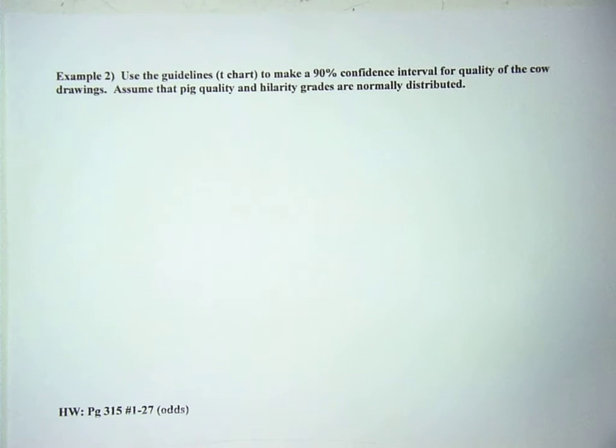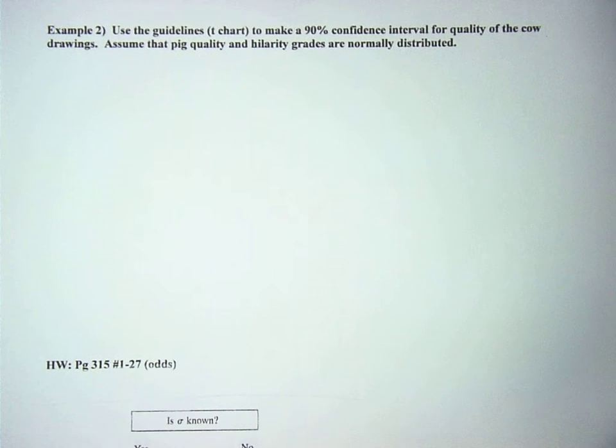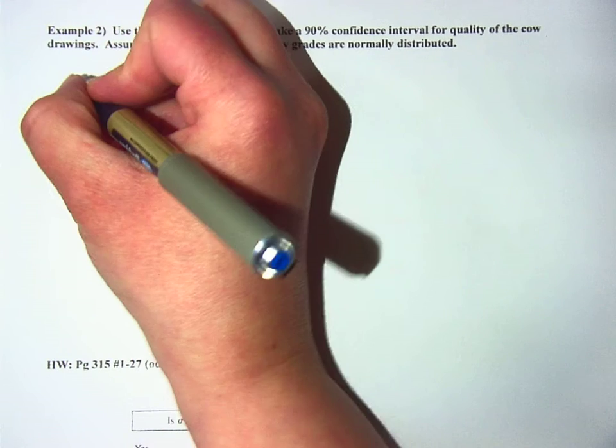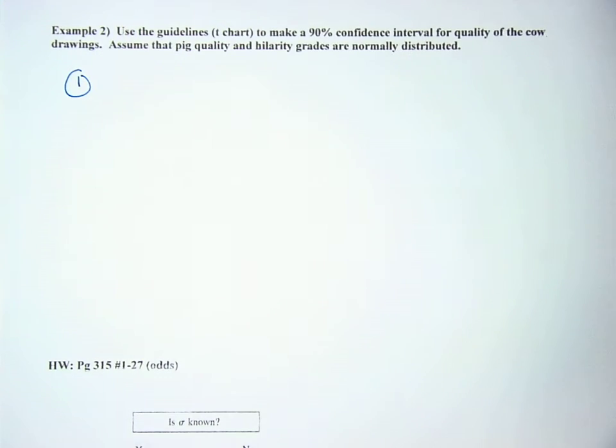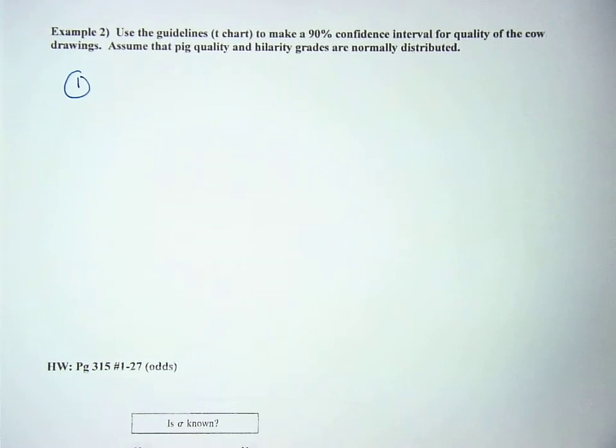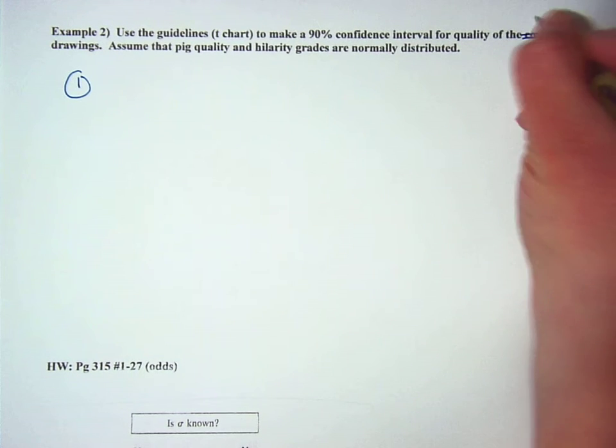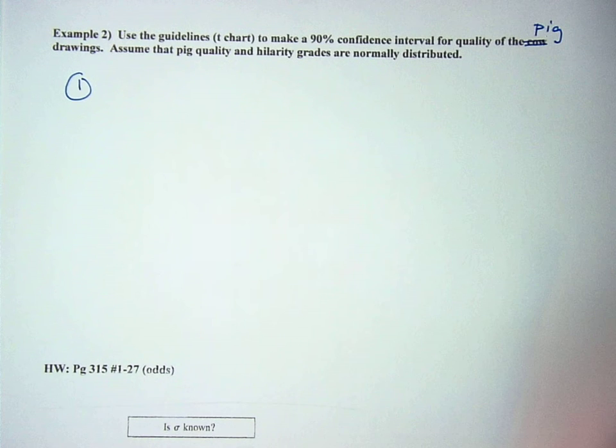Okay, there's one more problem, example 2, and this is a good point for you to stop the video and try it out yourself. I'm about to do it, so make sure you stop the video and try this yourself. Pause it. All right, starting with step 1 again. This time, we're going to make a 90% confidence interval for the quality of our cow, used to be cow, pig drawings for the whole school.